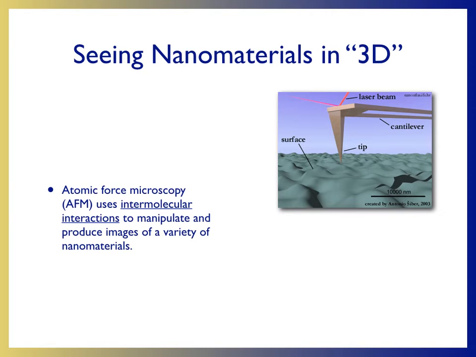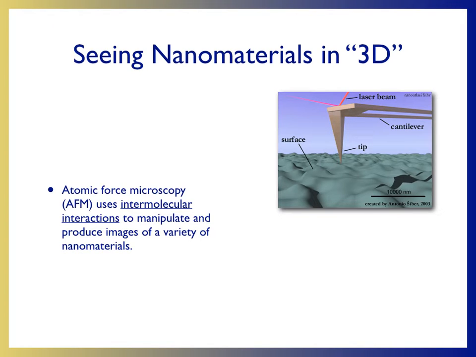We use the forces between the tip and the imaging material to generate an image. These forces can be intermolecular forces such as hydrogen bonding, dispersion forces, solvent-solvent interactions, or charged interactions.